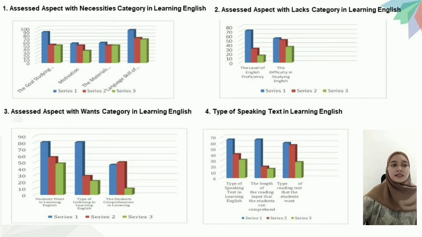And then the second chart, exercise speaking with like category in learning English. You can see the picture. And the third, exercise speaking with one category in learning English. You can see the pictures. And the last, the fourth, the types of speaking text in learning English.